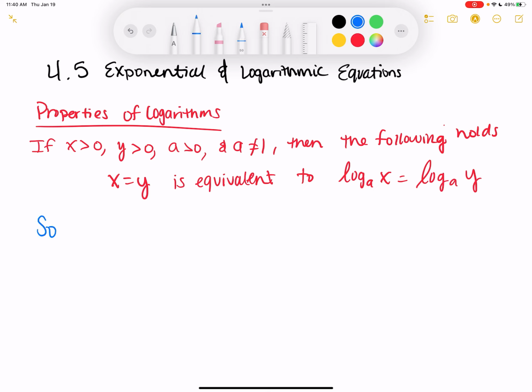Solving an exponential or logarithmic equation.